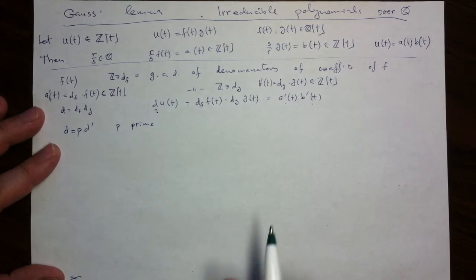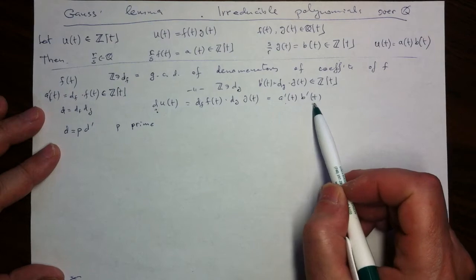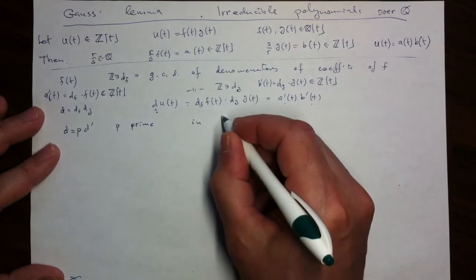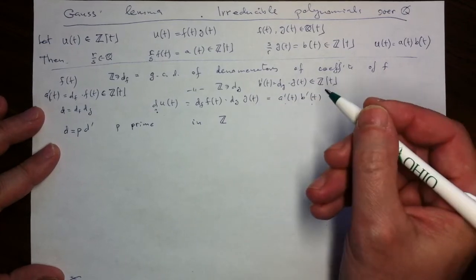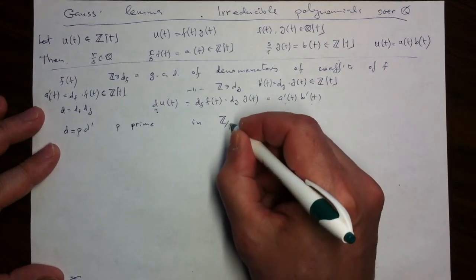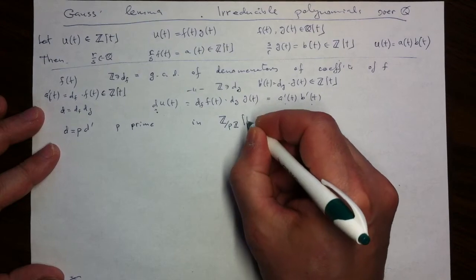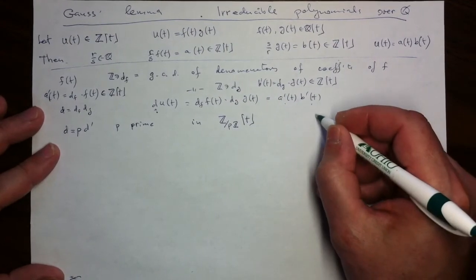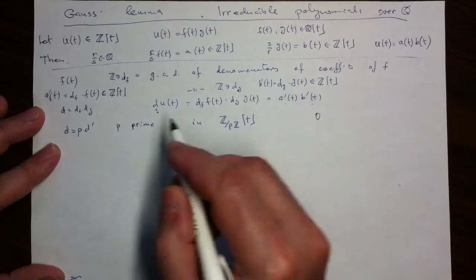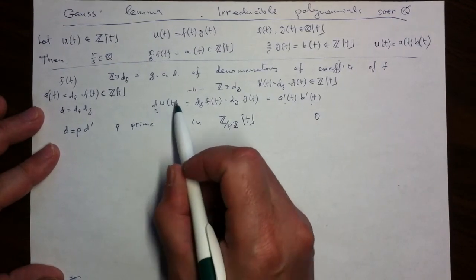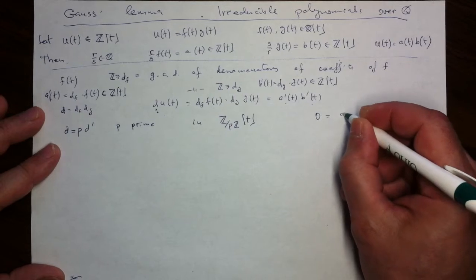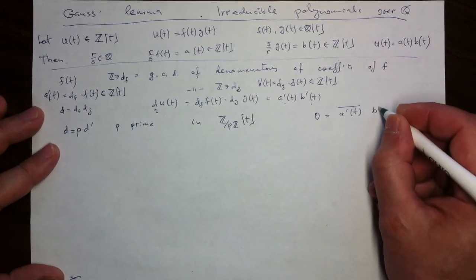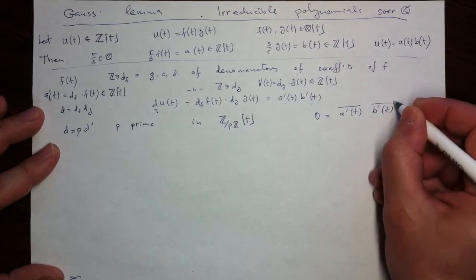And then let's look at what this factorization will turn into when we reduce mod p. So now we will look at this equation but reduced mod p. We will look at coefficients which are integers mod p. So in this polynomial ring we will have the equation that 0, because p divides d and that side will become 0, is equal to the reduction of the coefficients in a prime and then the reduction of the coefficients in b prime.